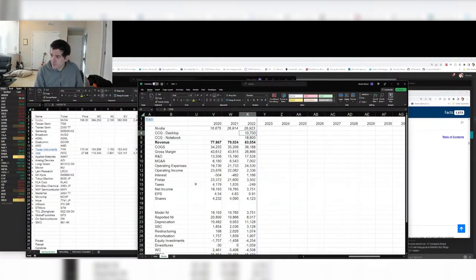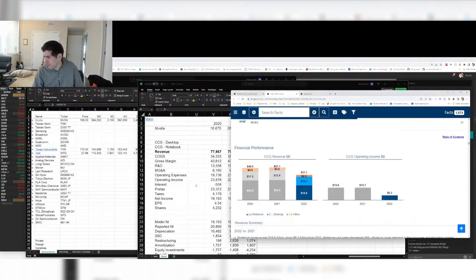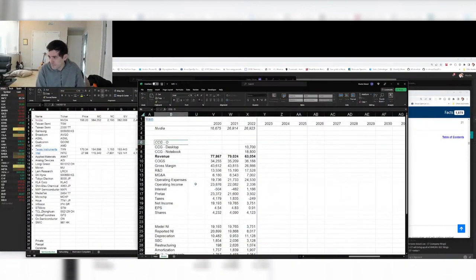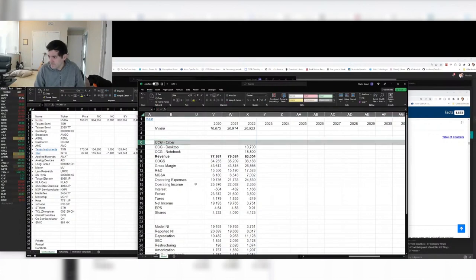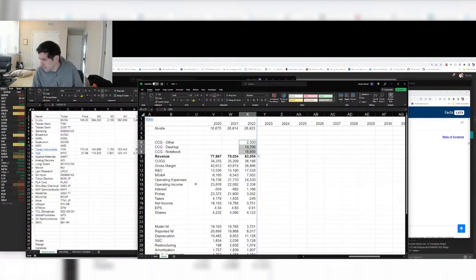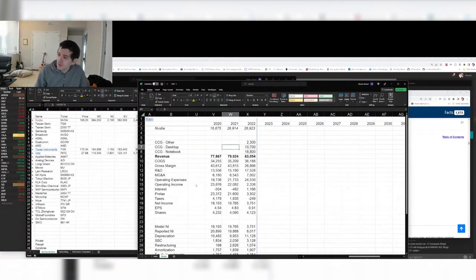So I guess it's still PC, very much a PC server heavy company, which makes sense, I guess. And then other. So that's 33 billion. 31.7, okay.